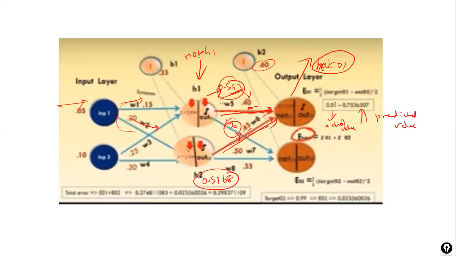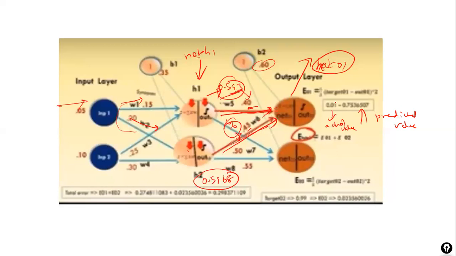To get this predicted value, you need to subtract from the actual value. If you subtract the predicted value, that is your error. And if the error value is very minimal, it doesn't require any further treatment. The whole idea here is we want to try to minimize the error as less as possible.